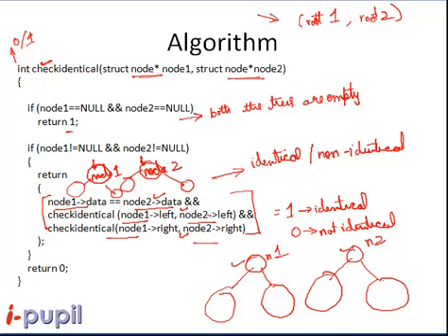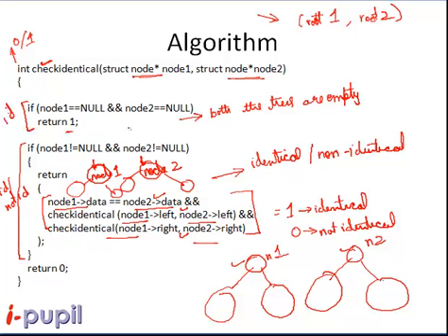If these three conditions are satisfied, I return a 1, signifying that both these trees are identical, else I return a 0, signifying that both these trees are not identical. This is the case where they can be identical or not identical. In this particular case, they were identical.